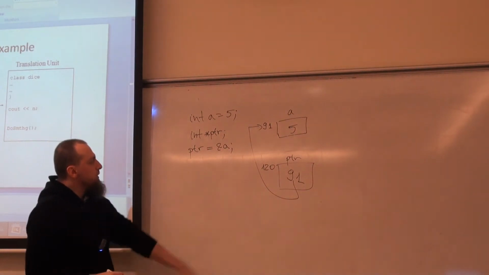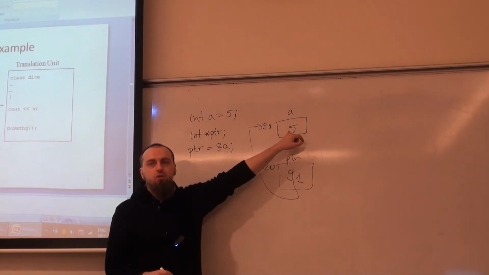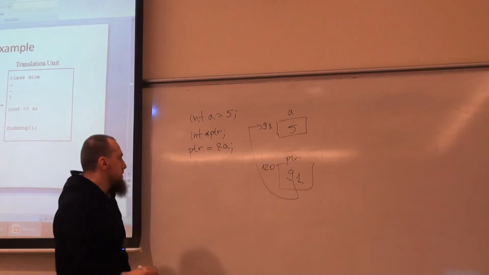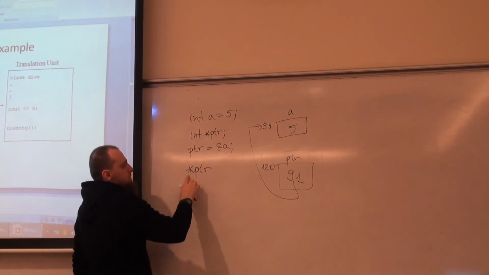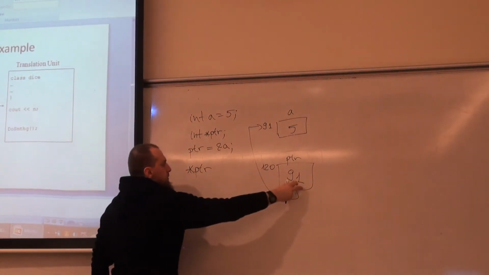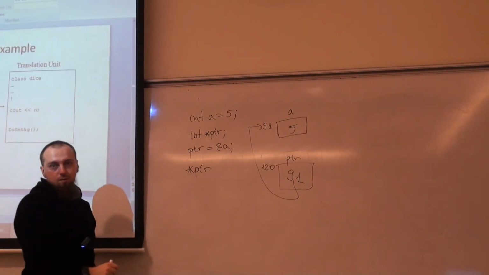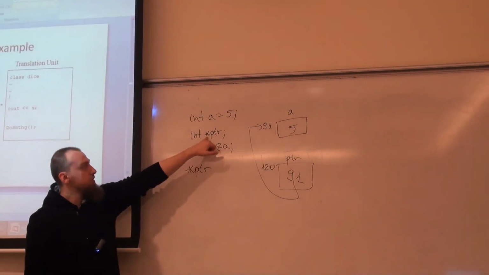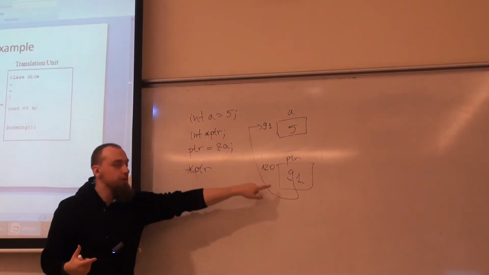Now, can we access the value of a certain integer through the pointers? Yes. How can I do it? If I say star ptr, ptr is 91, but star ptr is 5. Okay? And do not mix it with this star here. This star here is when we declare a variable. We tell that it's a pointer.